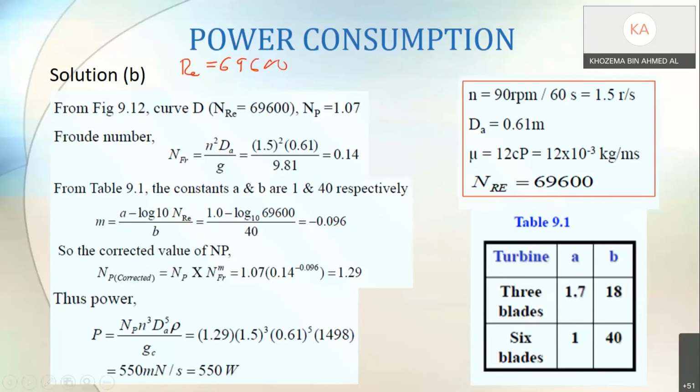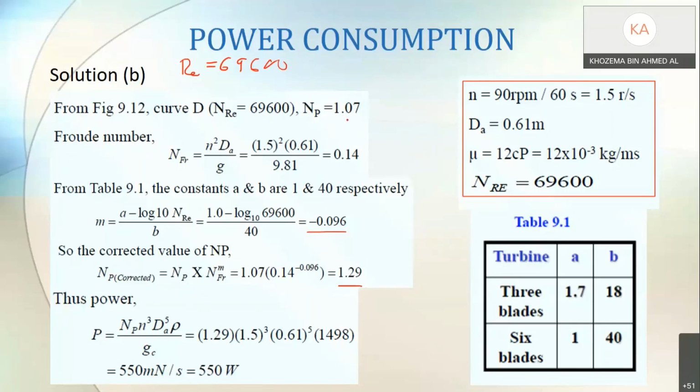So the equation for the corrected value of NP is equal to NP, 1.07, times the value of NFr, 0.14, to the power of m, which is negative 0.096. So I'll get a value of NP equal to 1.27.